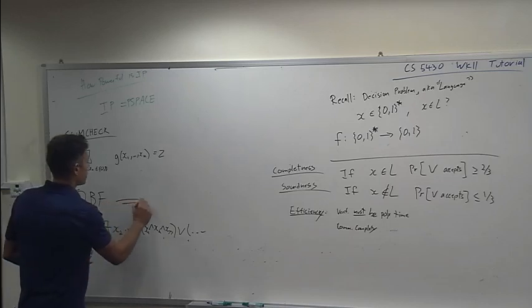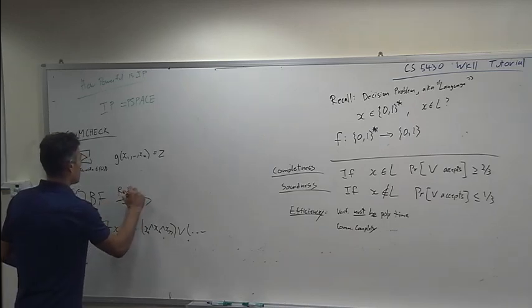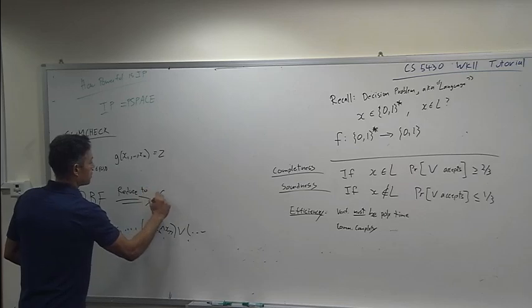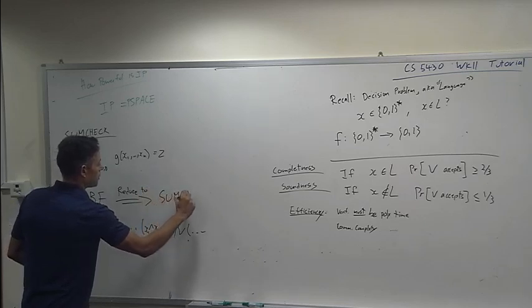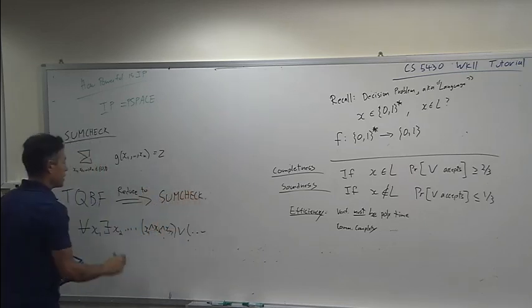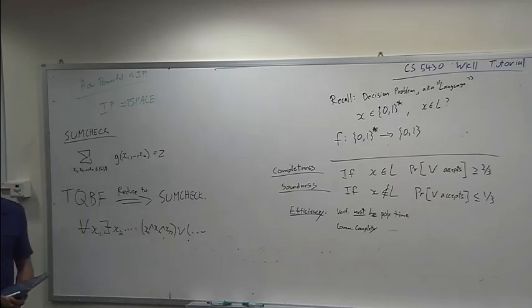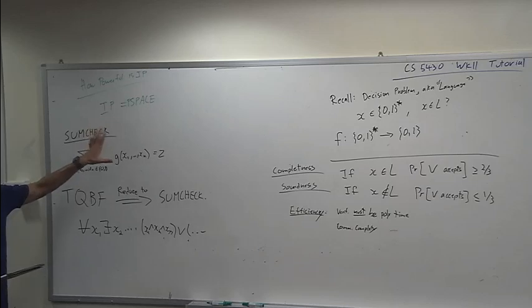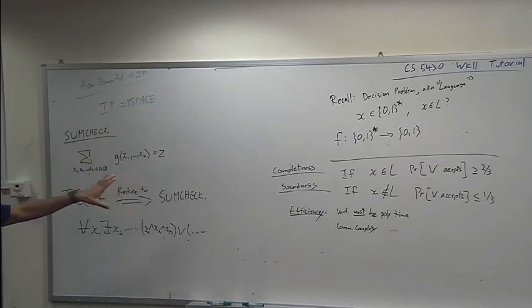You can reduce this to the sum check problem. And TQBF is p-space complete, because you can take any Turing machine that runs in polynomial space and demonstrate that it is a TQBF. It's crazy to think about. But this is how powerful interactive protocols are. Forget about NP, co-NP, whatever, polynomial space. That's everything.